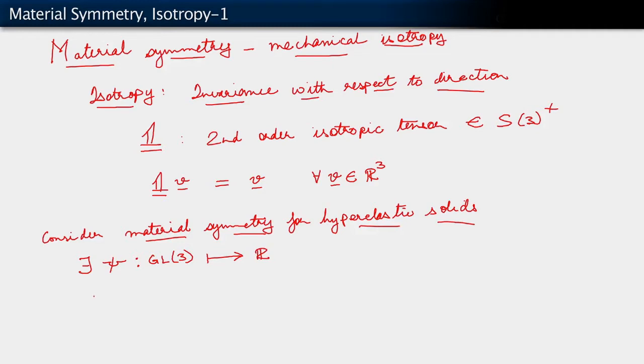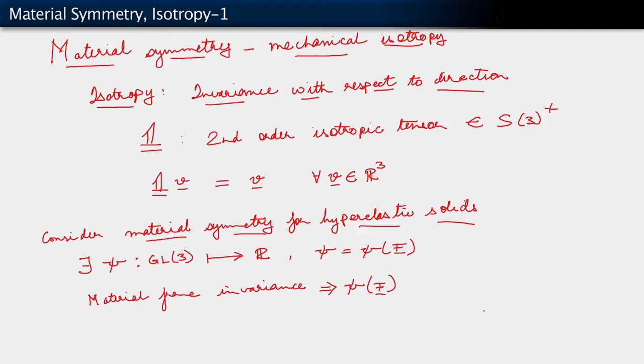Okay, and of course what we already know, and we spent quite some time studying this, we know that the requirement of material frame invariance or objectivity implies for us that psi, which first of all from the notion of hyperelasticity, actually we can probably write it right here, F being the deformation gradient tensor.